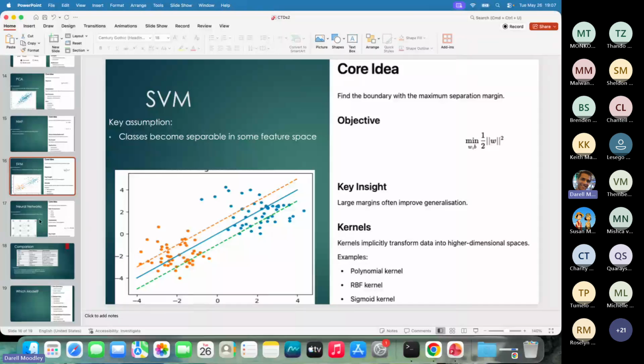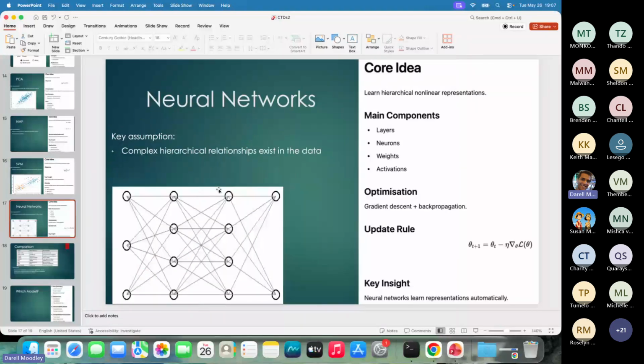Okay. Lastly, it's neural networks. Now, this I covered in the last session. Here, it's basically about layers, neurons, weights, and activations, all right? And there's a forward pass and there's a backward pass. In the forward pass, you're assessing how this neural network makes a prediction and how far that prediction is compared to the actual value.